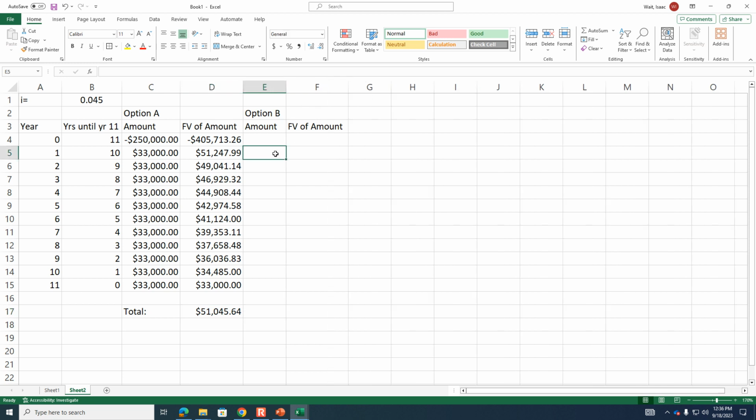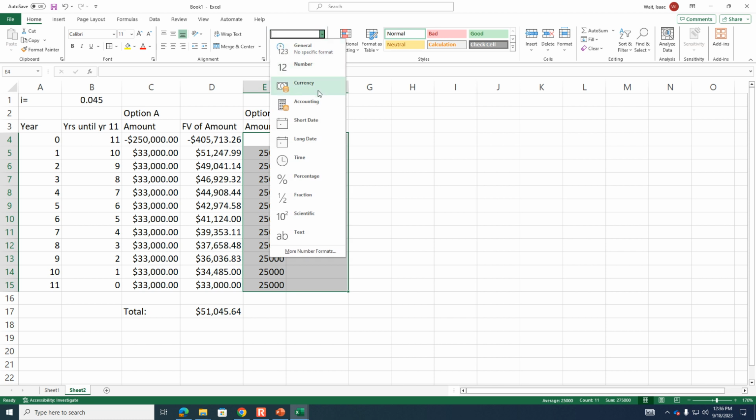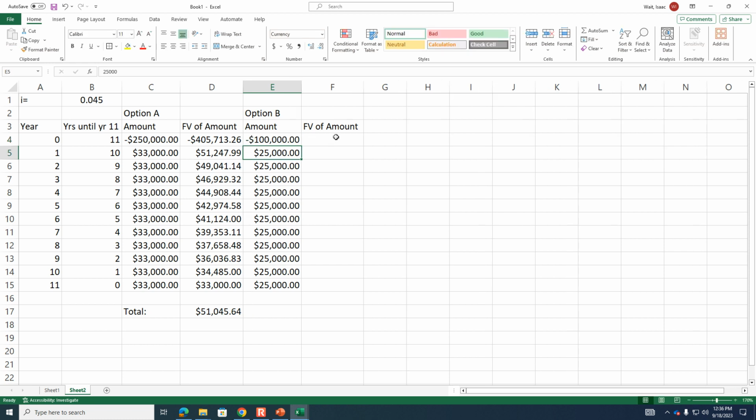Now what we know about option B is that it has an annual revenue of $25,000. So $25,000 is the annual revenue. Let me just format this as currency now. But we don't know how much he's going to pay. Just as a starting point, let's say maybe he's going to pay $100,000, so negative 100,000, just as a guess.